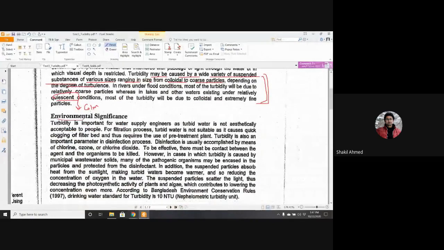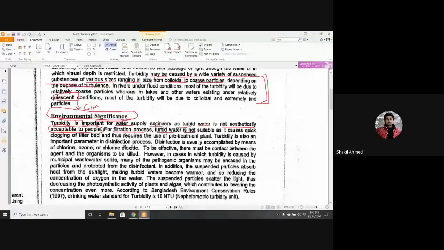Environmental significance. Of course, always read the environmental significance of any test. Turbidity is important for water supply engineers as turbid water is not aesthetically acceptable to people. Of course, we will not accept turbid water. Also, for filtration process, turbid water is bad.